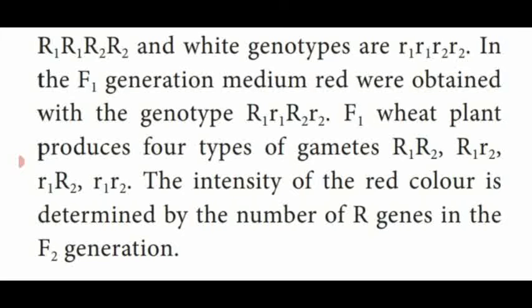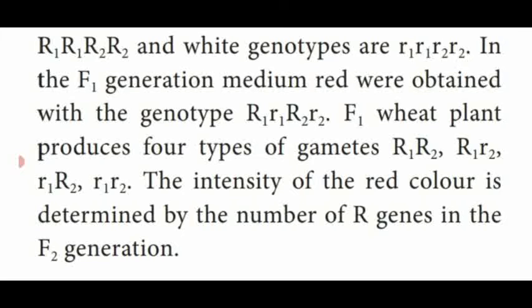F2 generation is determined by the number of R genes present in the F2 generation. So it depends upon the dominant alleles present in the organism, which determine the red color of the wheat kernel.